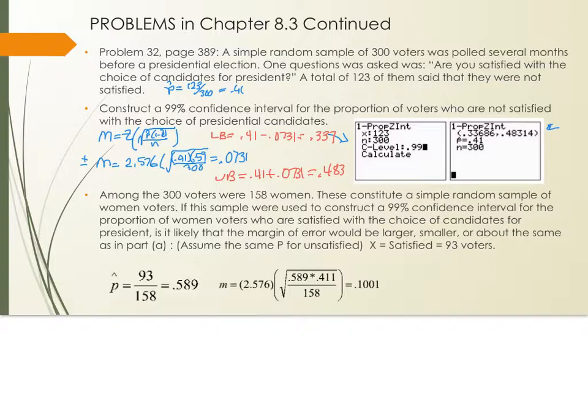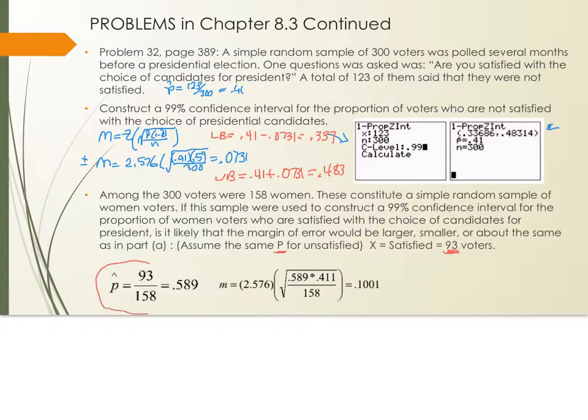Well, if we assume p for unsatisfied is the same as the above point estimate, we find that the number of voters that were satisfied from the 158 is 93.